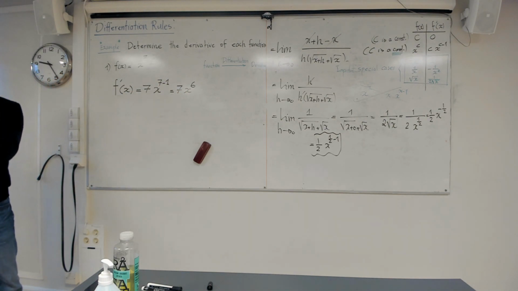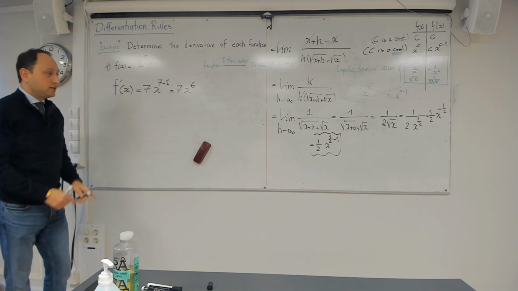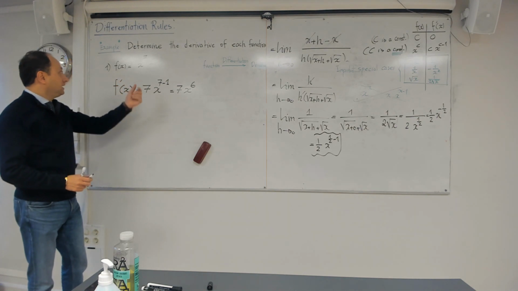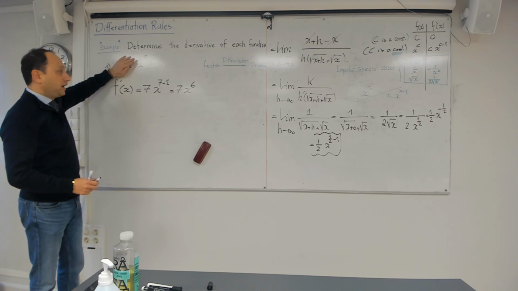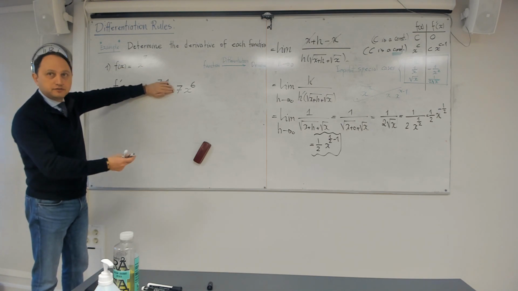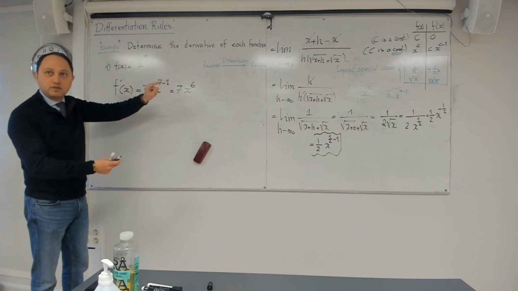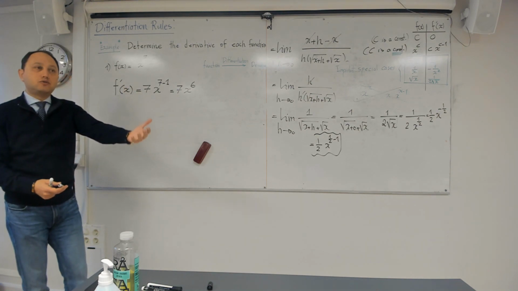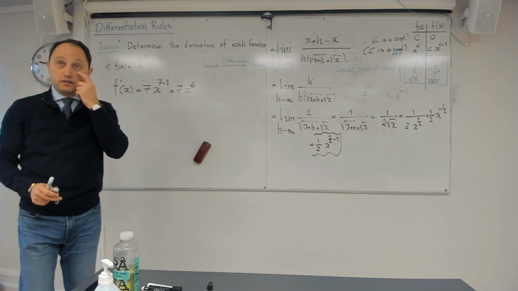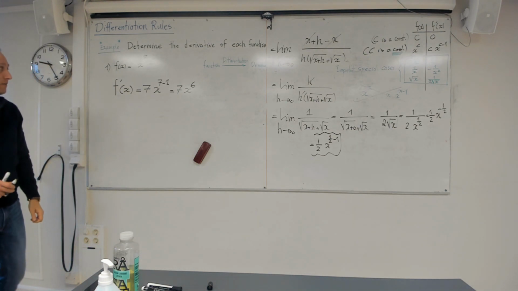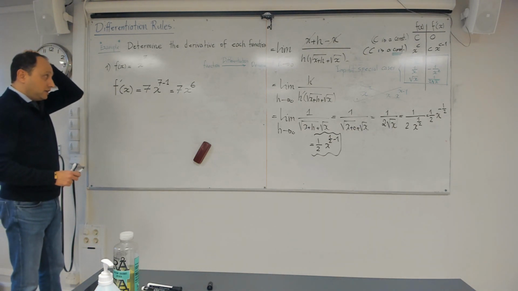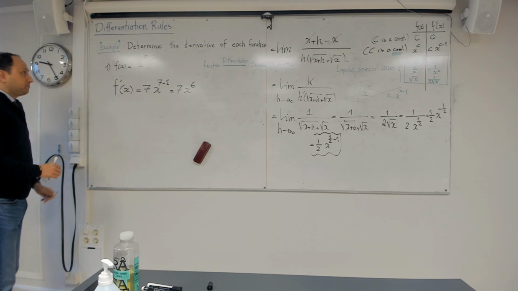By the way, look, I started with a function x to the 7 and ended up with another function. So the derivative is another function which is derived from the original function. That's why we call it derivative.